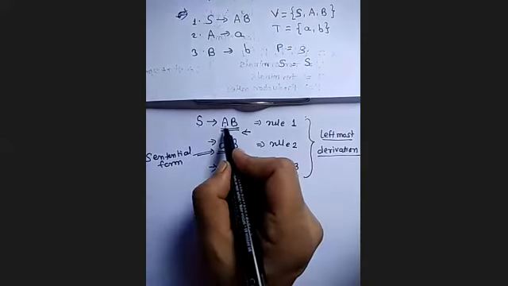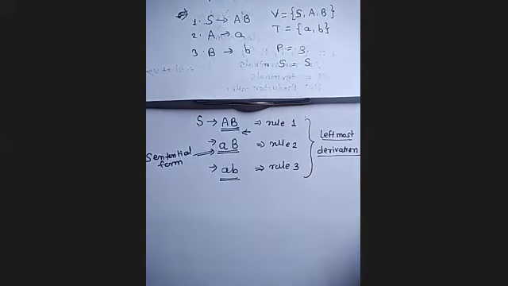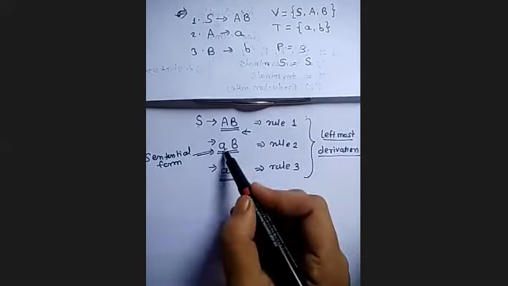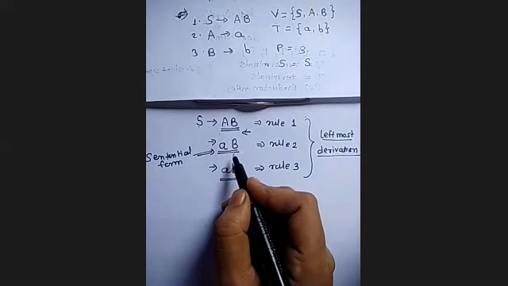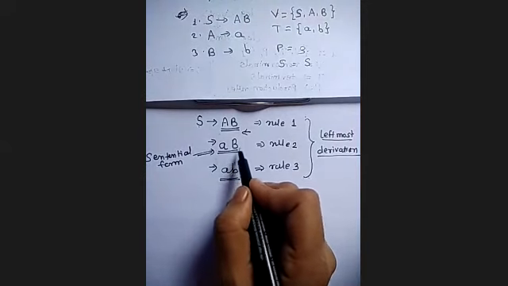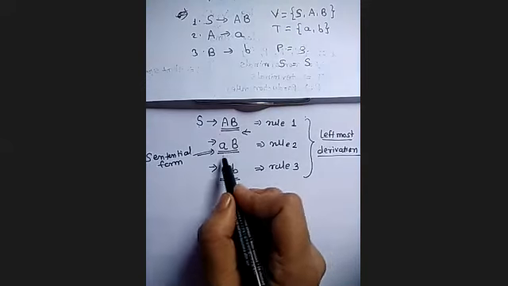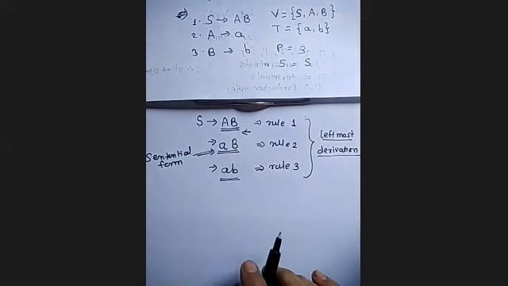In this case, instead of applying the rule to B, we have applied the rule to A. Next step, from the left hand side, the non-terminal occurring first is B, so we applied the rule to B. So this is a leftmost derivation.